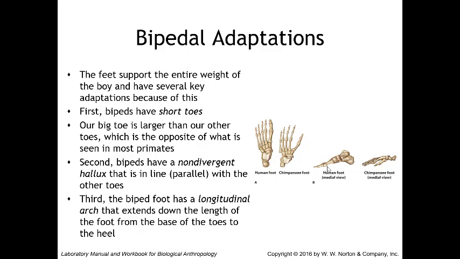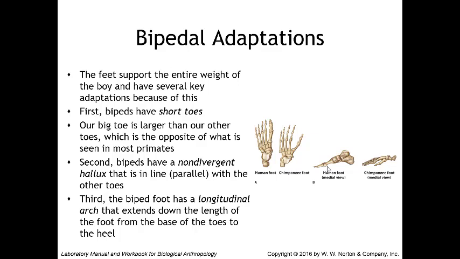So that longitudinal arch helps with the shock absorption as we walk, and it helps to direct our body weight and energy to create smooth push off when we're stepping forward. So in the feet, we have short toes, a non-divergent hallux, and a longitudinal arch. Those are the 3 adaptations in the feet.